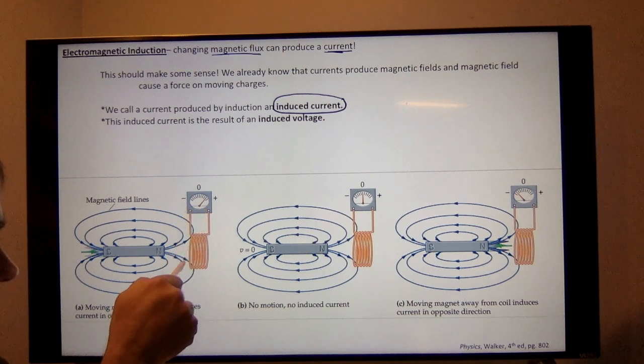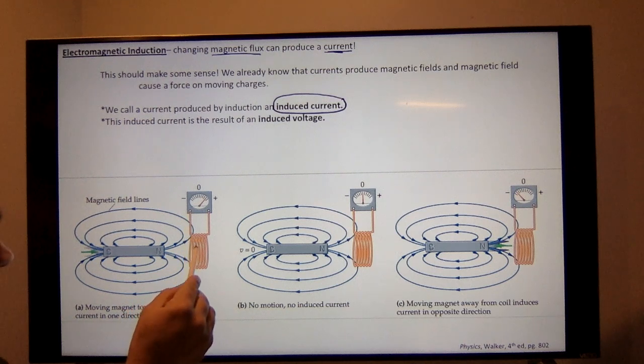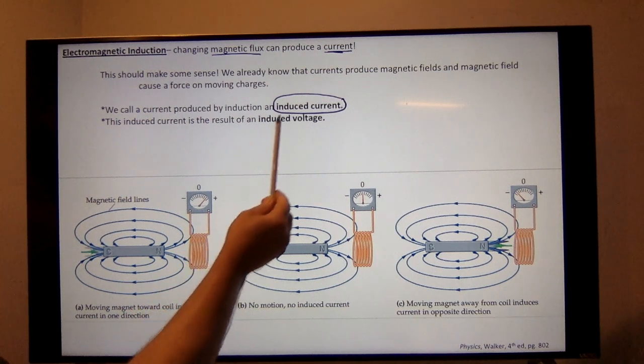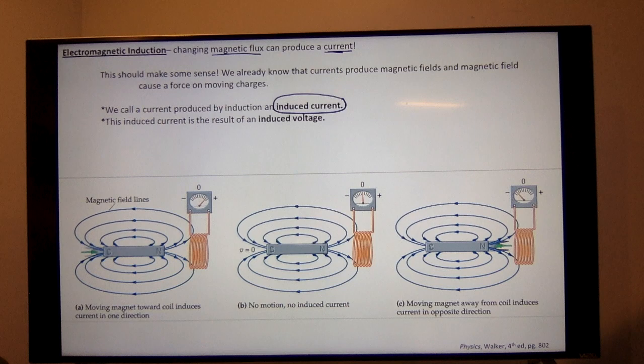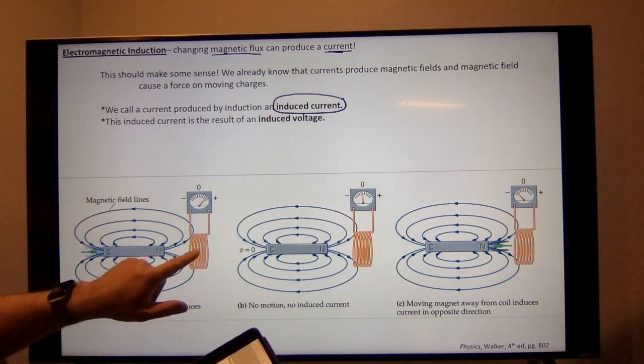It's not connected to anything. It's literally just a coil of wire, but this is going to produce an electric current in this wire as if by magic, okay? This magical current is known as an induced current. So when it comes through this process of electromagnetic induction, that specific kind of current is called an induced current.